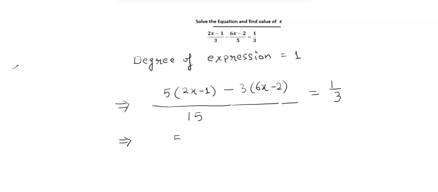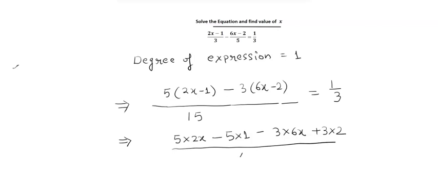So 5 multiply 2x minus 5 multiply 1 minus 3 multiply 6x, and if you open the bracket from minus 1, the signs under the bracket change: plus 2 is converted to minus and minus is converted to plus, so plus 3 multiply 2, divided by 15, is equal to 1 by 3.